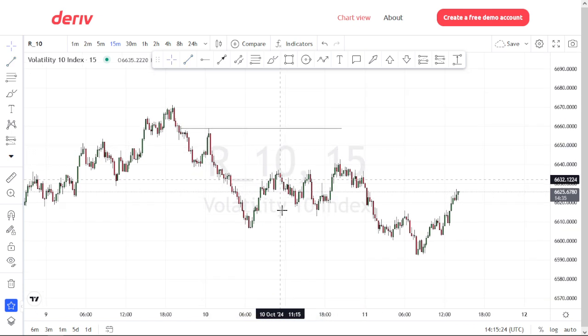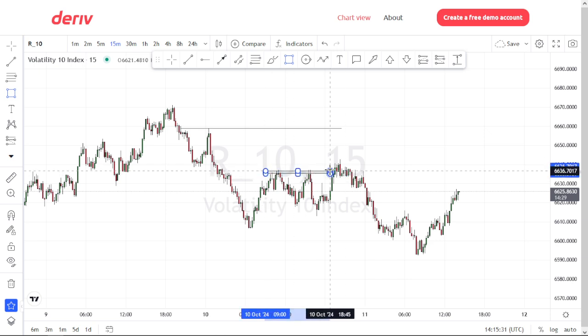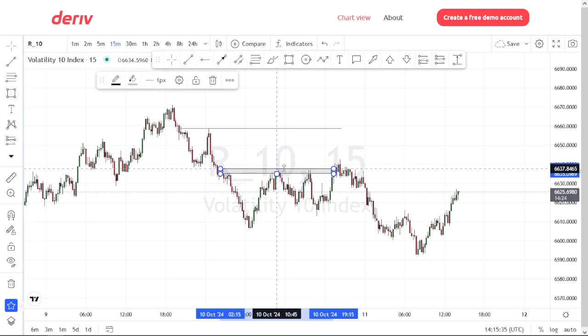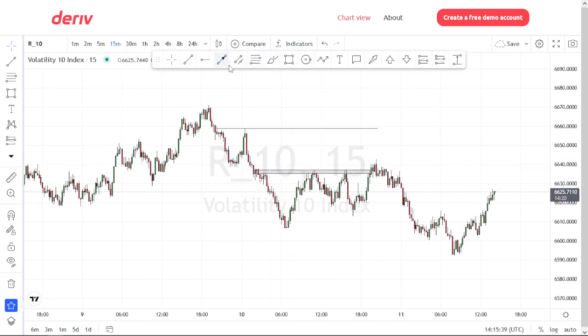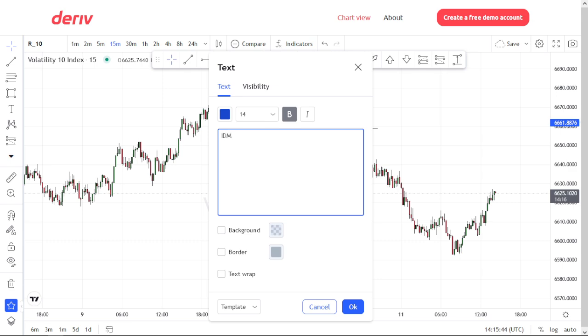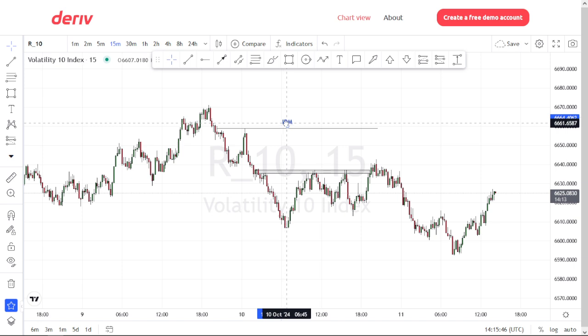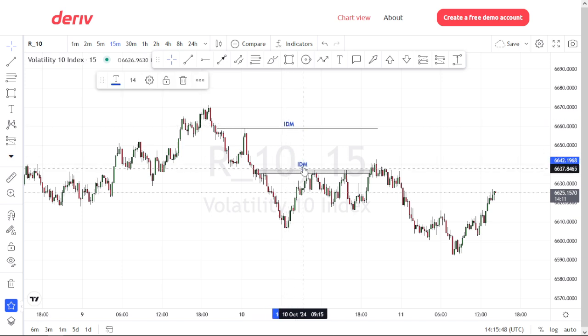Now, do you notice why the market was coming back down when it got to this level? Did you notice this? What do we call this? This is equal highs, right? So the market created an inducement here, IDM, and also created equal highs here.